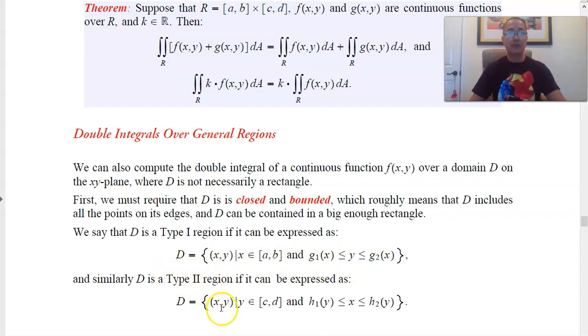You have all points x, y, where this time y is between two numbers, c and d, and x is between two functions: a left function, h1 of y, and a right function, h2 of y. Let's take a look at the pictures.